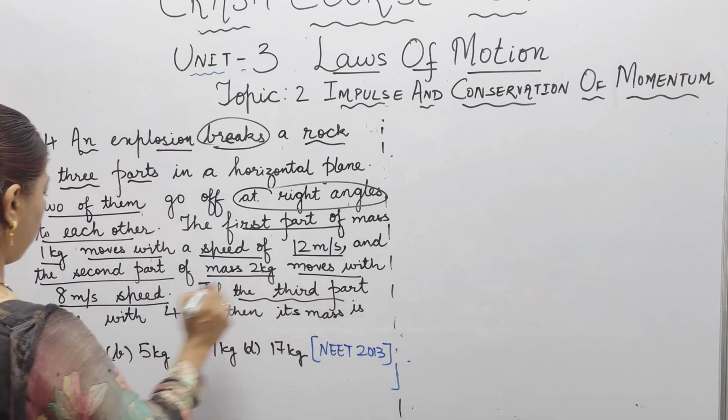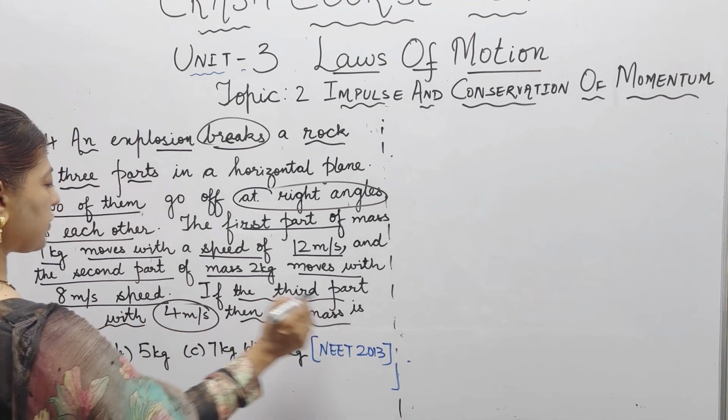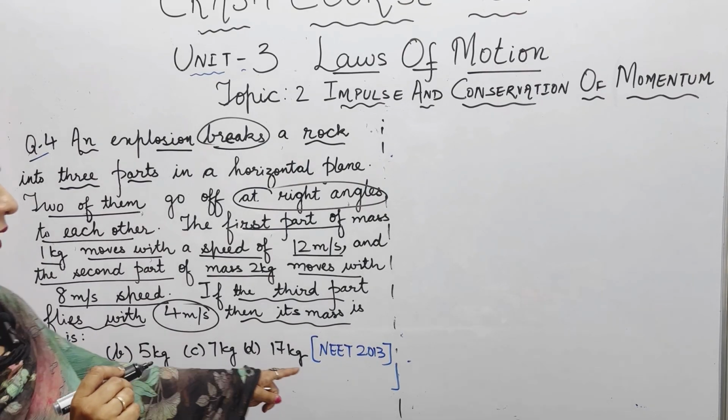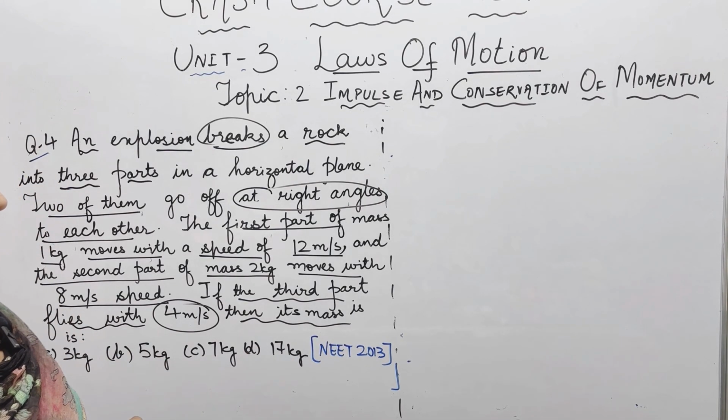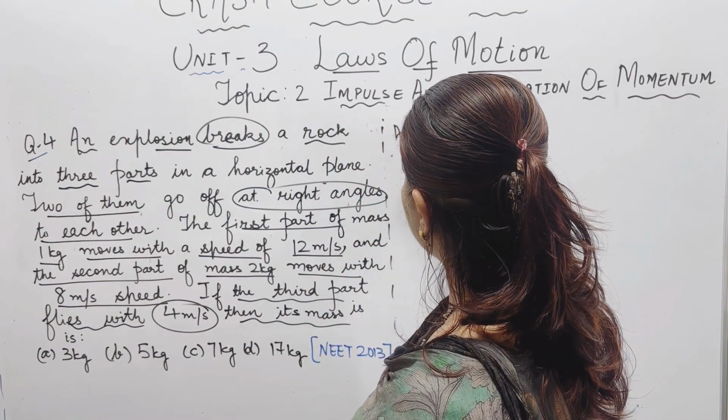If the third part flies with 4 meter per second, then its mass is. The options have been given to us, and this question has come in the NEET 2013. So let us start the solution of this question.